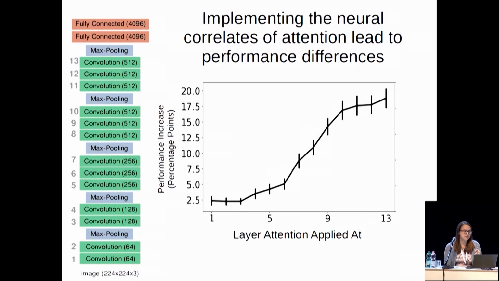And you can see here that the layer that the attention is applied at really matters, and applying attention at later layers in the network increases the performance much more, which is somewhat in line with the fact that the neural effects of attention are seen more strongly in later areas of the visual system rather than earlier areas like V1.